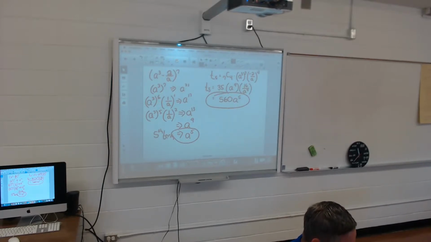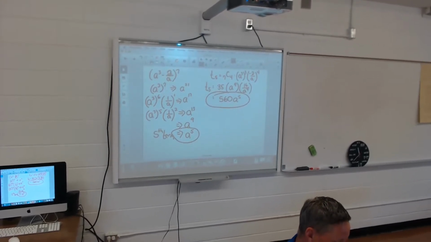Like if you look on page 388, question 7 says find the 6th term, B says find the 10th, C find the 5th, D find the 3rd, and E find the middle term. So that's all there is to it. Just using that equation up there, and you can find all of those terms.